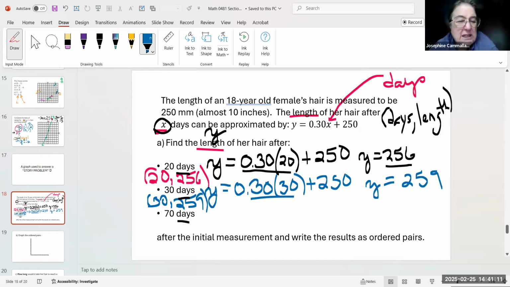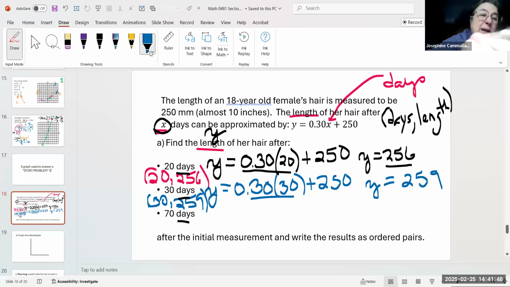Now, if you think about it, we have a 10-day difference between 20 days and 30 days. Doesn't hair grow? Which is why 259 makes sense. We grew 3 millimeters in 10 days. That's fine. That's expected. As time goes, hopefully hair is going to grow.